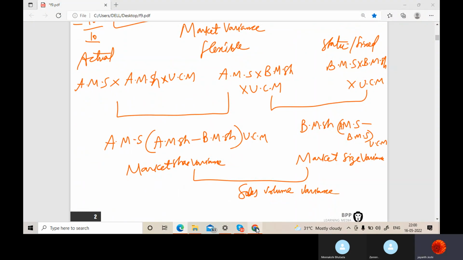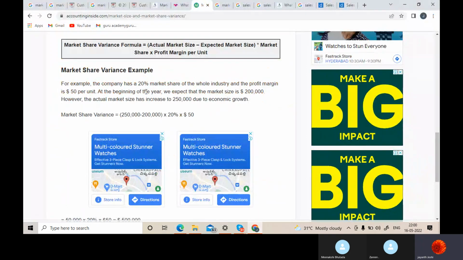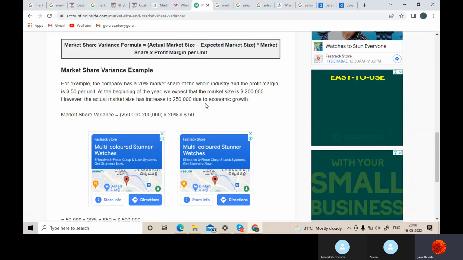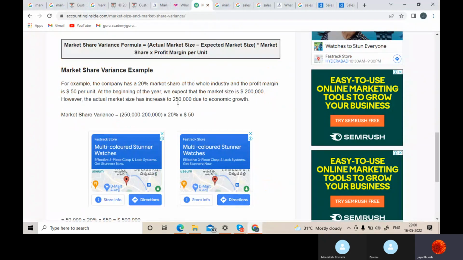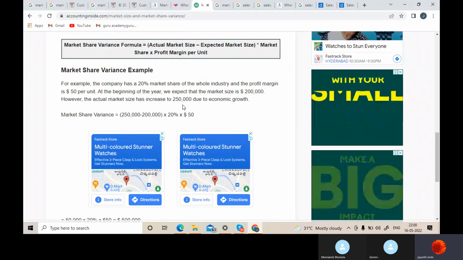So what is the market size? 20% market share. Market share variance is actual market share minus budgeted market share. So actual market share is, I doubt this one.